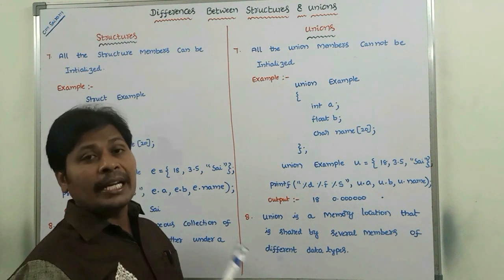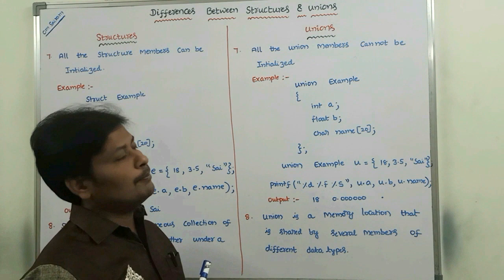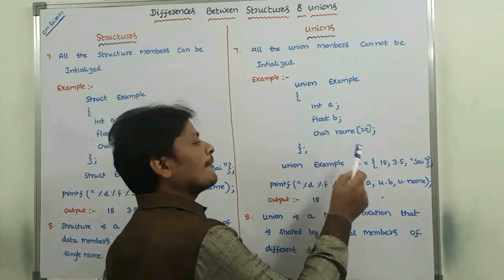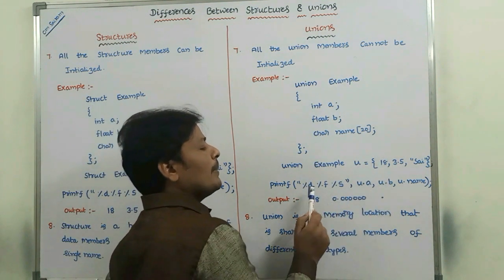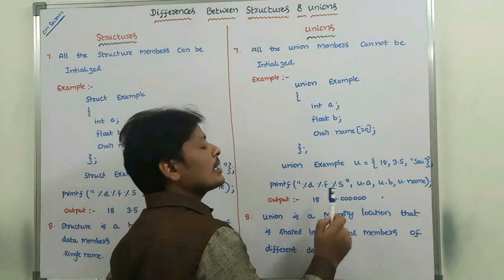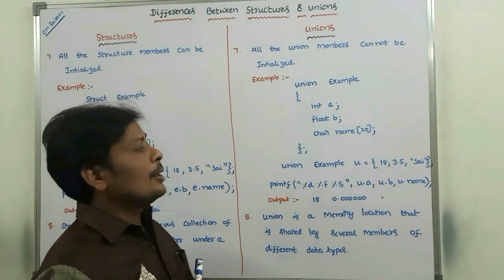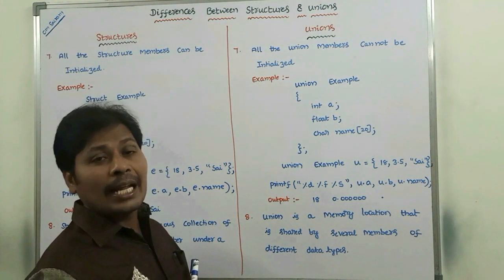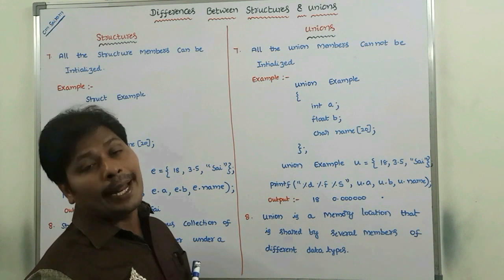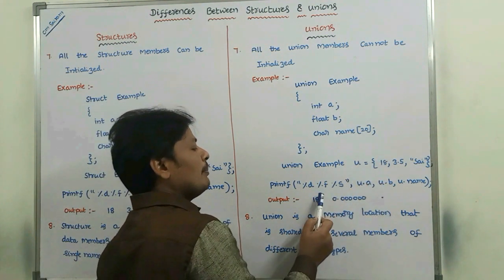The remaining data members are corrupted. Only the first data member can be printed correctly. The remaining data members are printed incorrectly because union can initialize only one member at a time. Only one member can be initialized.